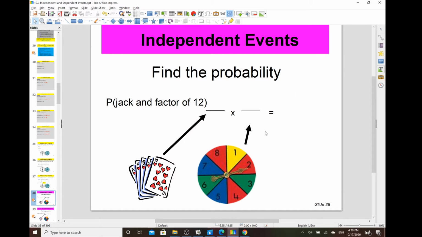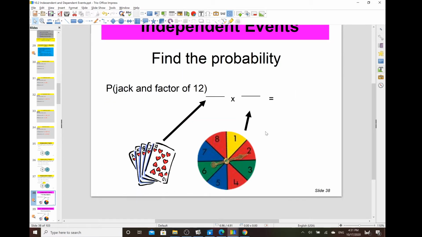And now here's another independent events example. Find the probability of getting a jack and a factor of 12. Getting a jack is 1 over 5. And for a factor of 12, according to the spinner here, we have 1, 2, 3, 4, 6, 8, so 5 of those numbers are factors of 12.